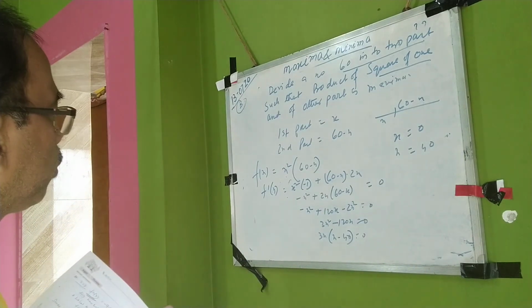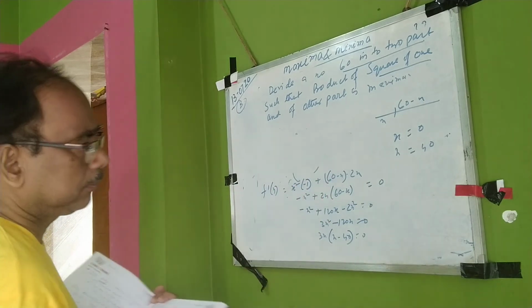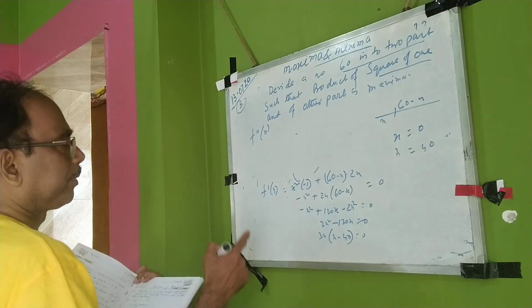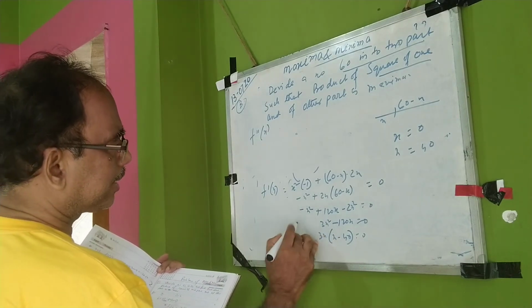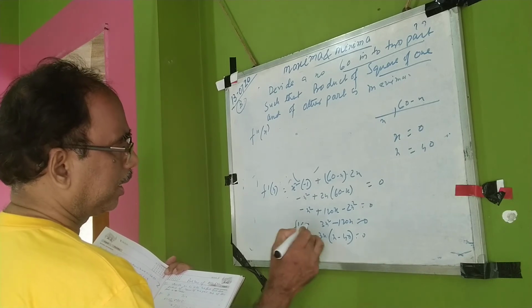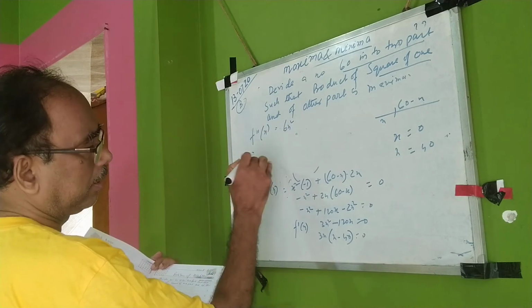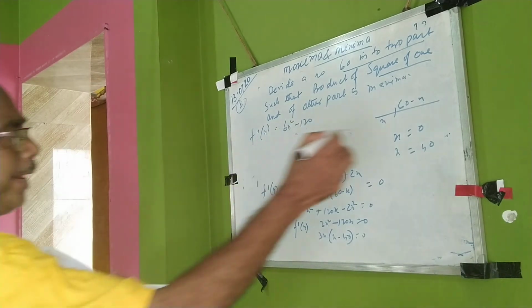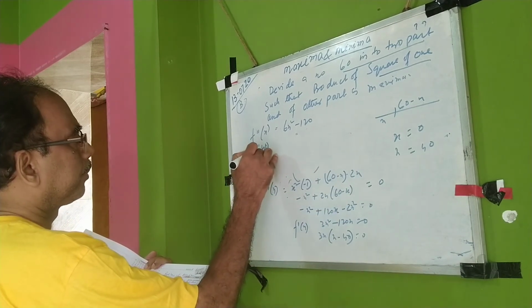Now you have to find f double dash x. F dash x is minus 3x square plus 120x. So f double dash x is minus 6x plus 120. Put f double dash 0 and f double dash 40.